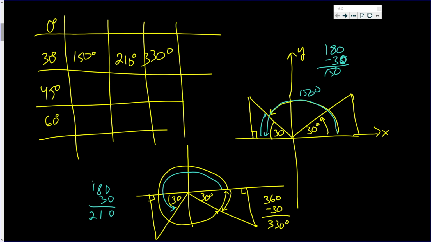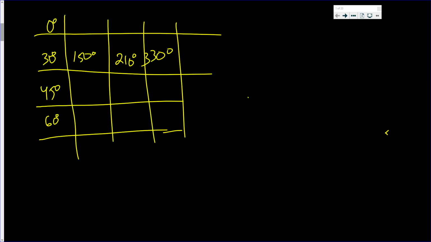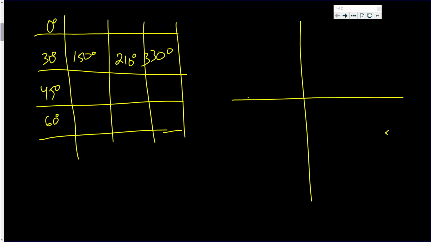Let's play the same game with 45 degrees. Let's find out the angles in each quadrant with a reference angle of 45 degrees. In quadrant 1, the angle here is 45, well then that angle is just 45. But what if I'm in quadrant 2 and the reference angle is 45?